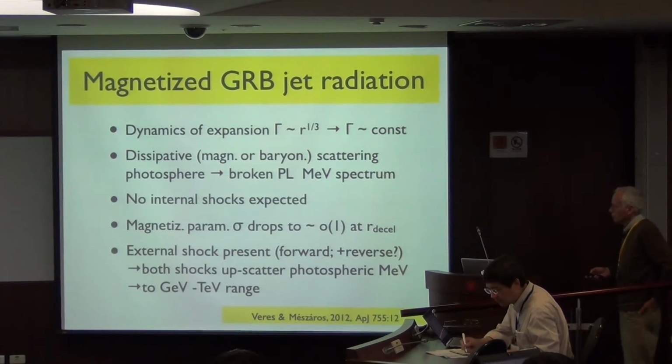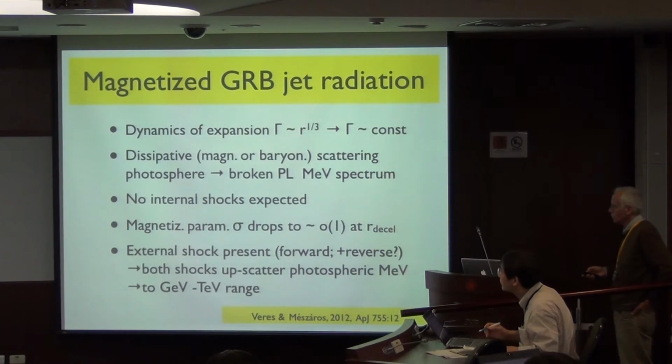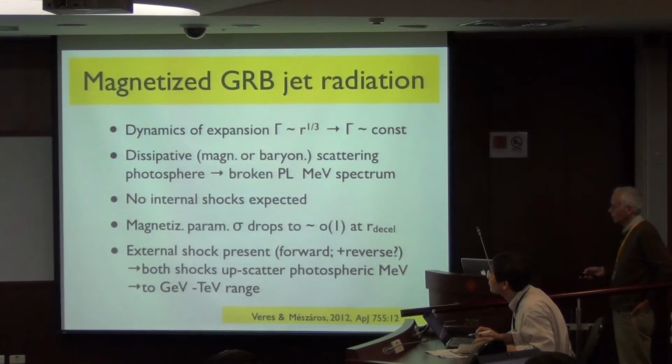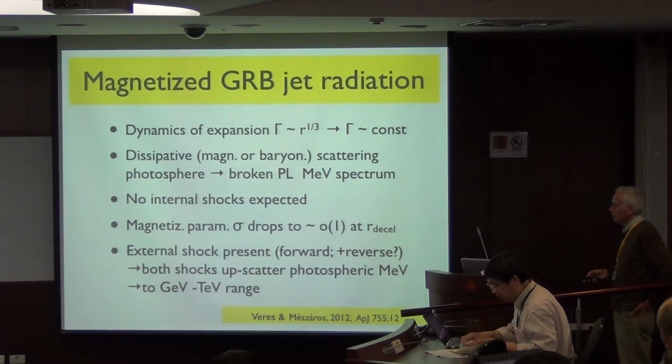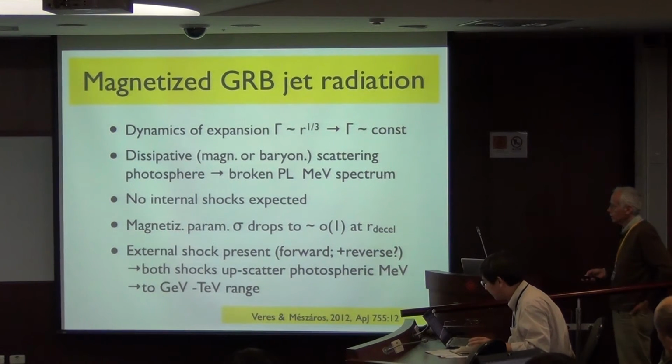Now, in the case of the magnetized dynamics, as I mentioned, the expansion is different, so gamma goes as r to the 1/3. And if you have dissipation, then you can get the parabolic spectrum.